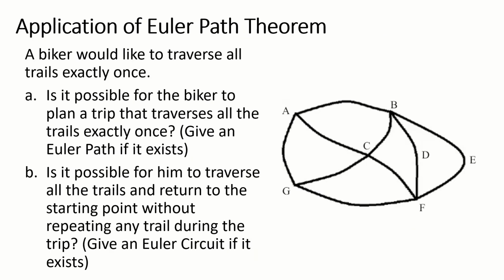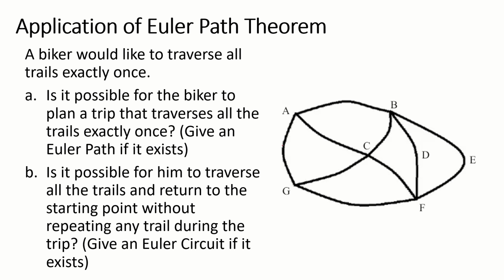Now, application of the Euler path theorem, or maybe you may use the Euler graph theorem. A biker would like to traverse all trails exactly once. So consider the graph on the right side. Is it possible for the biker to plan a trip that traverses all the trails exactly once?